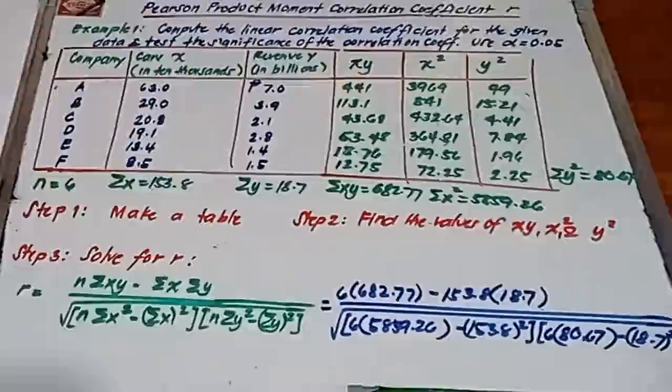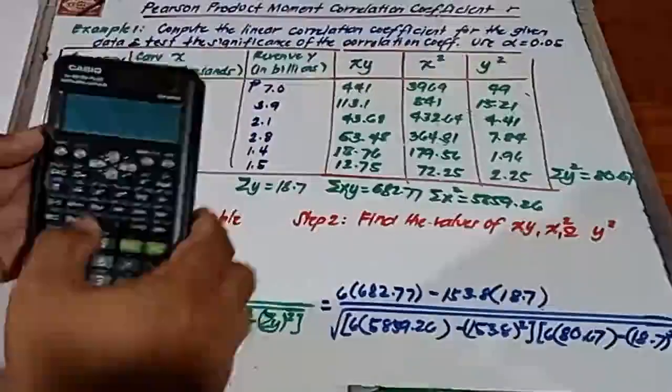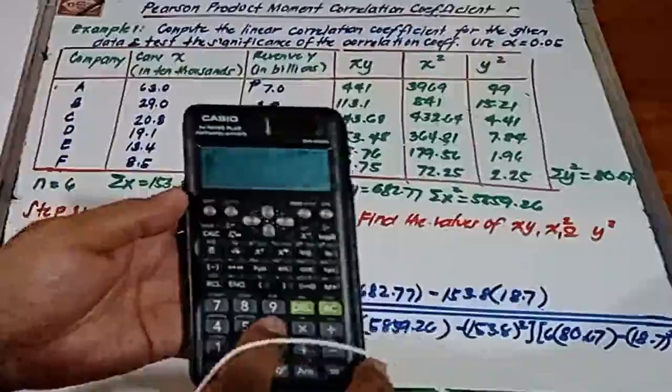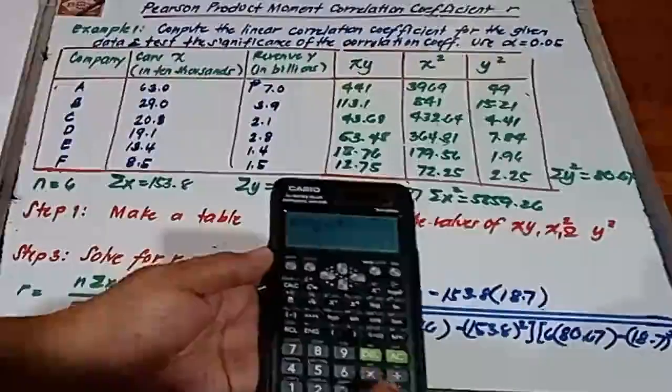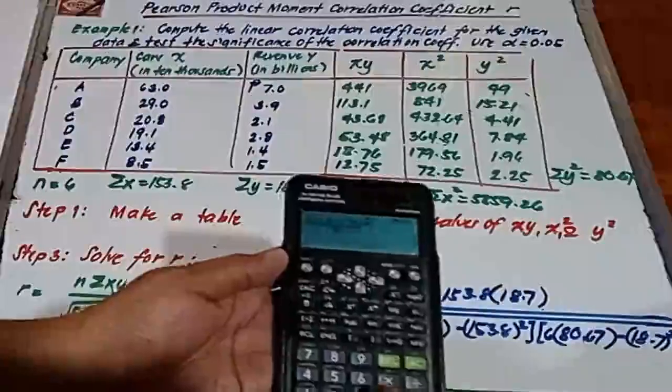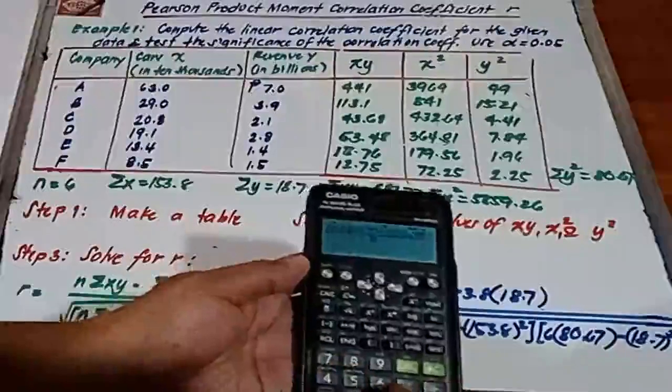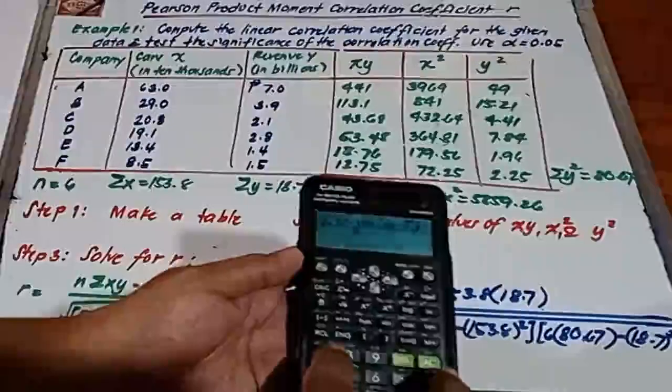Okay, so gamit ang ating scientific calculator, on top we have fraction, 6 times 682.77 minus 153.8 times 18.7.